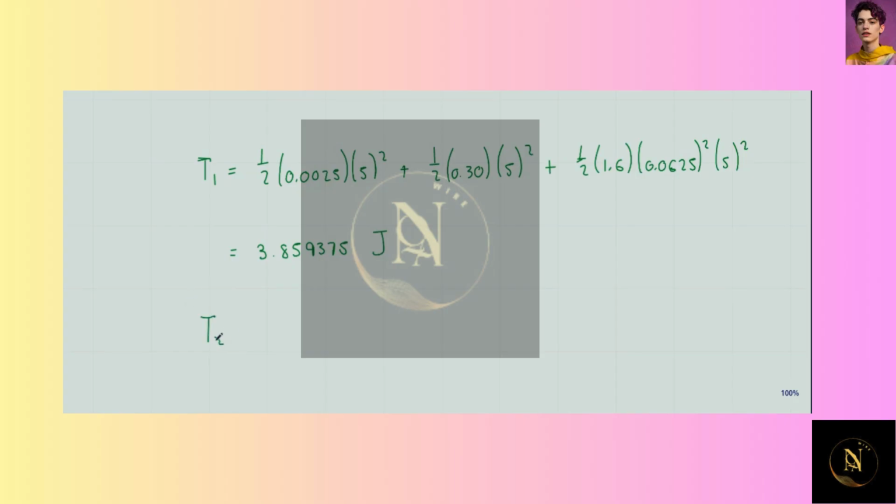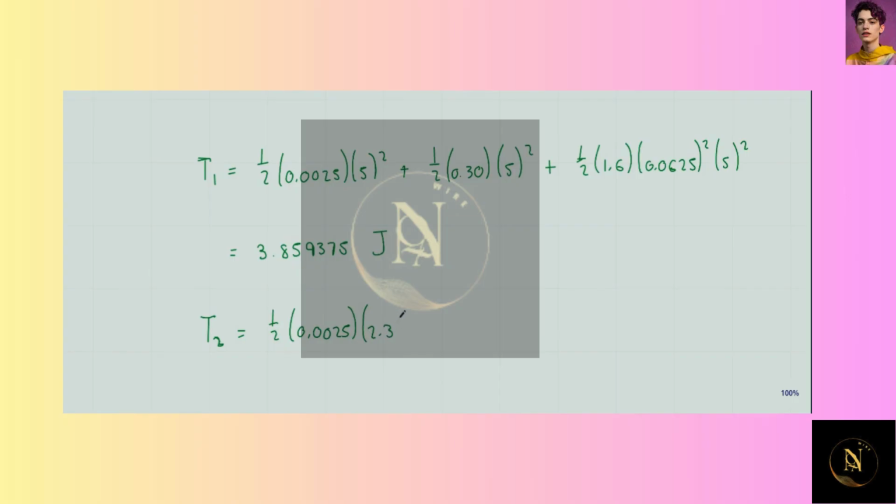If we do a similar calculation for the kinetic energy at the second position, we get a half into 0.0025 times omega 2 squared.